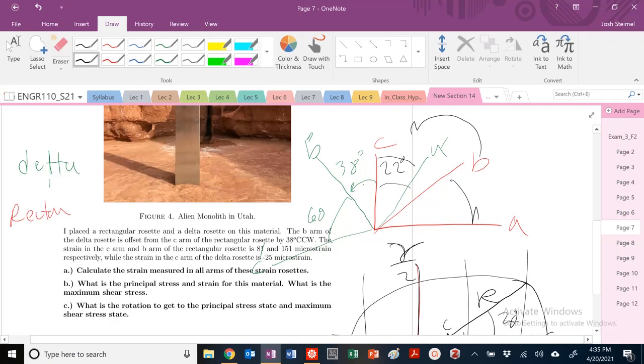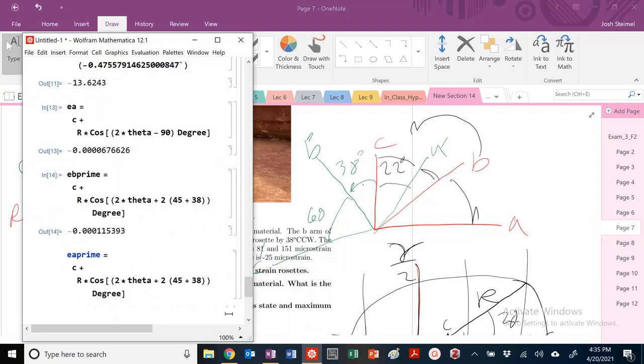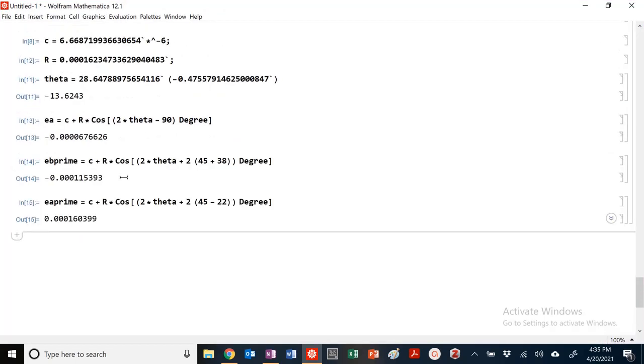Yeah, 22, 60. So the rotation here is going to be 45 minus 22, right? So I need to go clockwise 45 minus 22 to get to there. So I need to go 2 times 45 minus this 22 degrees. But again, still positive because I need to go there. And that's it. So those are all those values.